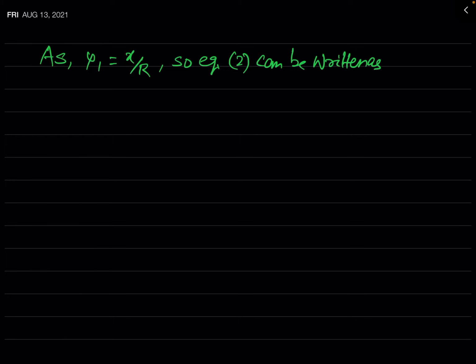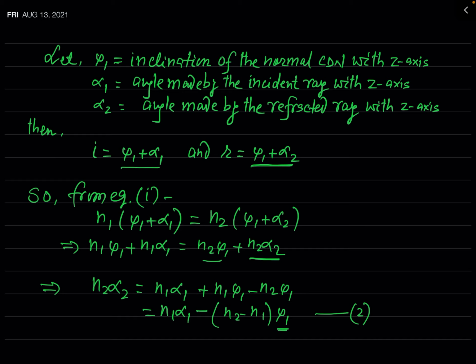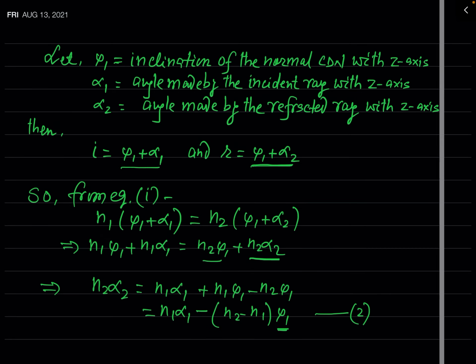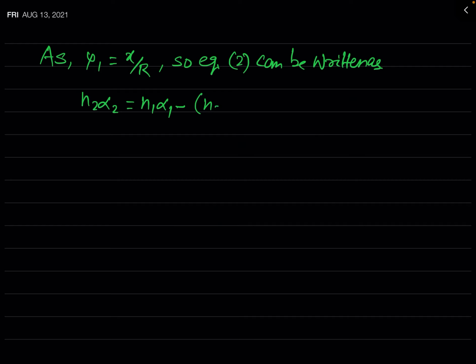So you can see, as phi 1 is equal to X over R, equation 2 can be written as N2 alpha 2 is equal to N1 alpha 1 minus, see the equation, N2 minus N1 times phi 1.